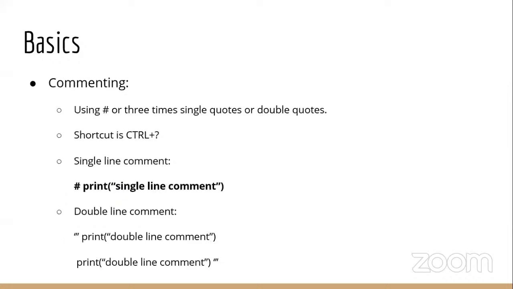Next is commenting. In Python, you can comment a particular line using hash just before the line, or you can use 3 times single quotes or double quotes to start and end the commenting.